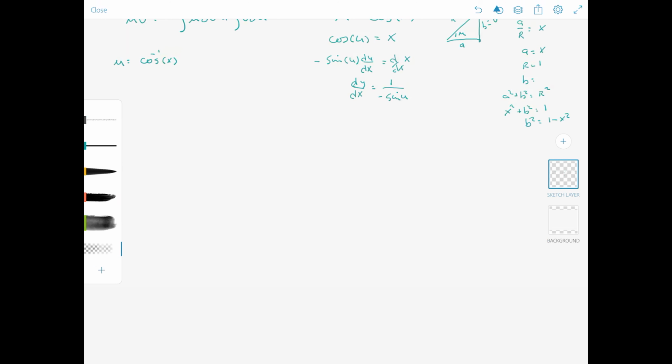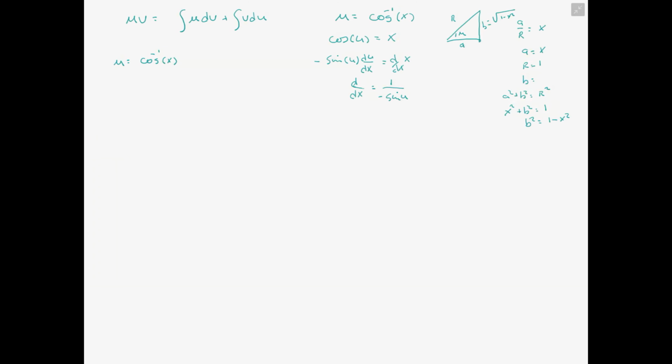I'm sorry, I made a mistake here. Du, not dy dx, that's where I got confused. Du dx. So du dx equals 1 over minus sine of u, or sine of x.